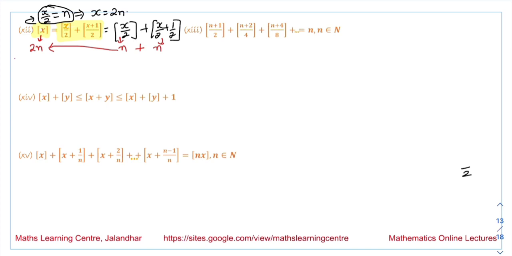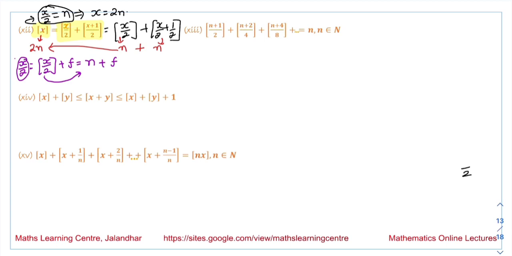Now, the second case: suppose x by 2 is not an integer. So we are considering that x by 2 is equal to the greatest integer of x by 2 plus some fractional part. So x by 2 has the integral part n plus f. This is the value of x by 2 we are considering, since it is not an integer, it has some fractional part.